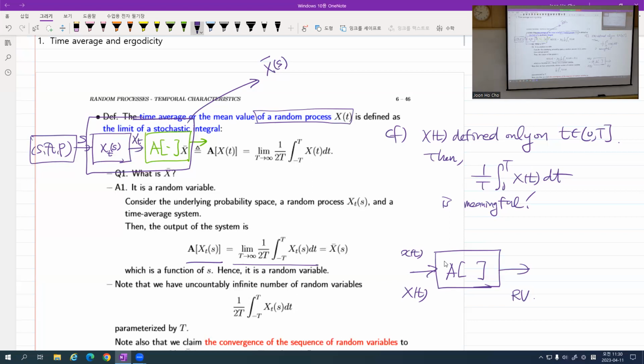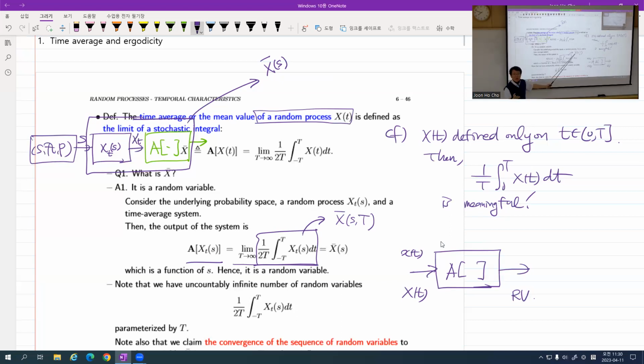Anyway, now, as we have done for a deterministic signal, let's take a more in-depth view of this one. So we have some limit operator. And what about this one? This one could be parameterized by some s and also the capital T. So if we change capital T, then we have a different, in general, random variable.